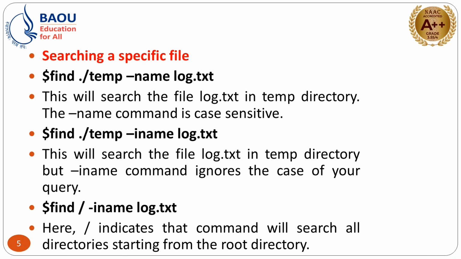Now you are not providing dot, that means you want to search all the directories or files available under the root directory, that is only slash. So if you want to widen your searching criteria, in that case you use this slash. That means you are not searching in the current directory, but your searching criteria is wider, and you are searching from the root directory, right?